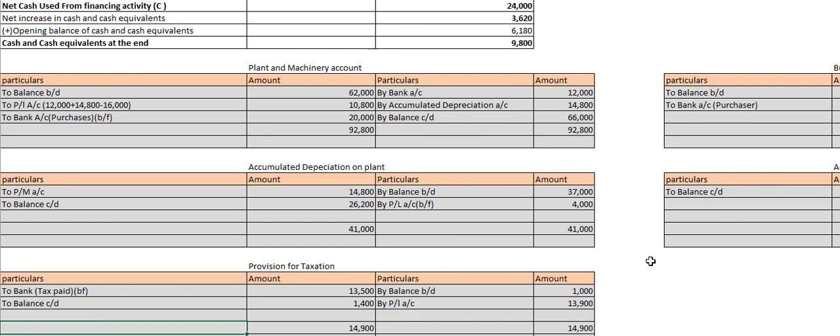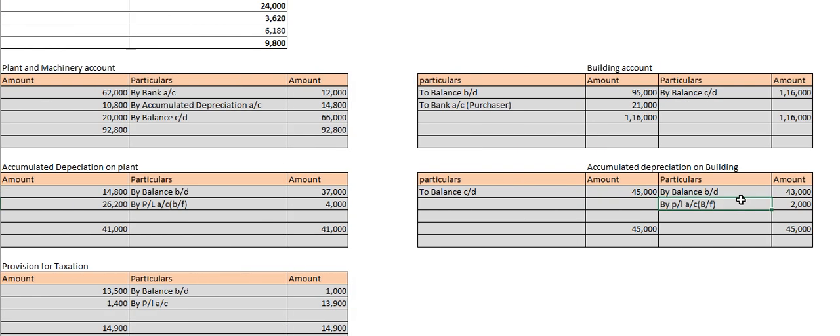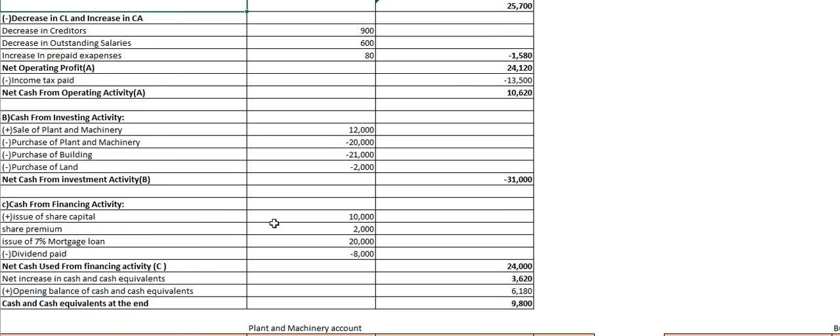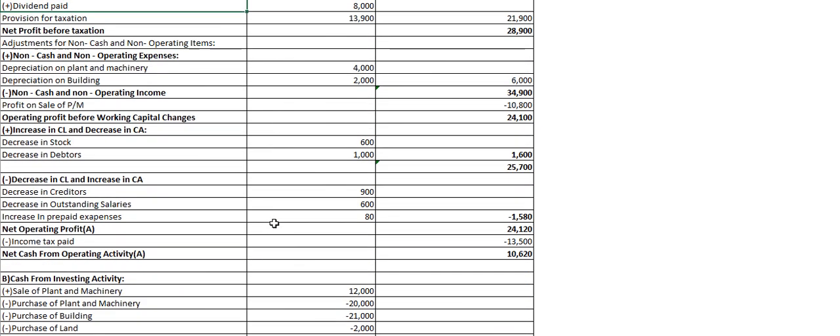I again repeat, it is a balancing figure from accumulated depreciation account, which we consider as depreciation for the current year. So depreciation on plant and machinery, it is 4,000. Depreciation on building, it is 2,000. Minus your non-cash non-operating income, there is a profit on sale of plant and machinery, which is 10,800.